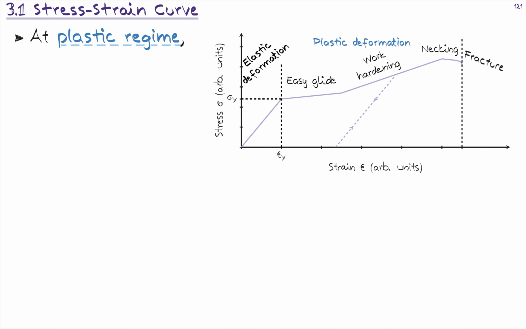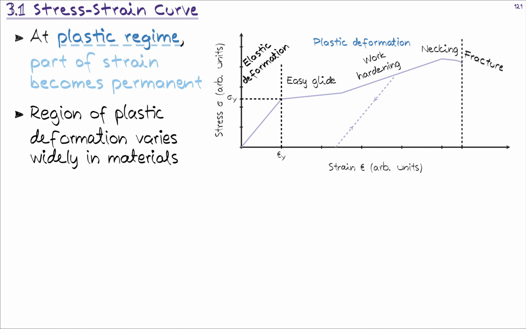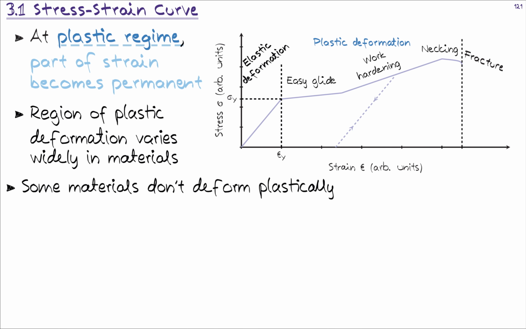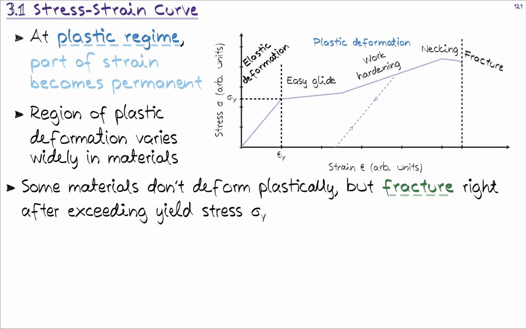So, like I just said, in the plastic regime, part of the strain becomes permanent, and this is the defining property when the solid is in that regime. Depending on the material, this region varies quite widely. For example, some materials don't even deform plastically, but fracture right away when the yield stress value sigma y is exceeded.